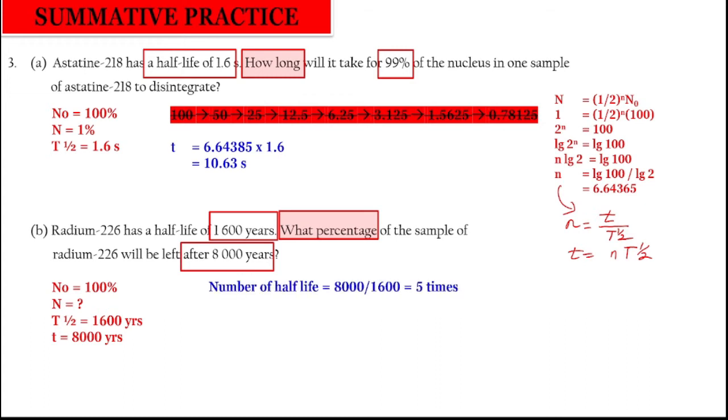Cikgu kira lah. Macam tadi cikgu tak tulis je formula. Lepas cikgu tulis kan, dia punya n dia is T divided by T half kan. So cikgu cakap 5 kali. Cantik lah. Dia tepat 5 kali kan. So cikgu boleh bagi dah 5 kali. Siap. 3.215%. Okay, ni senang.